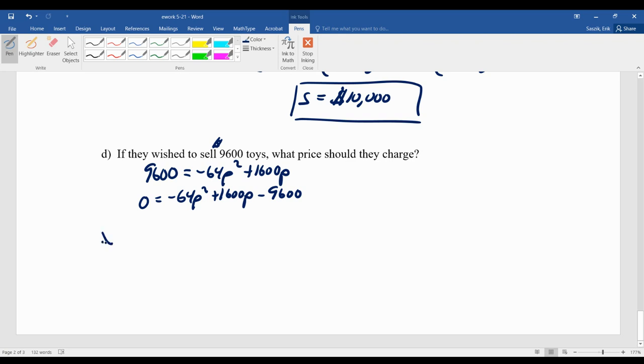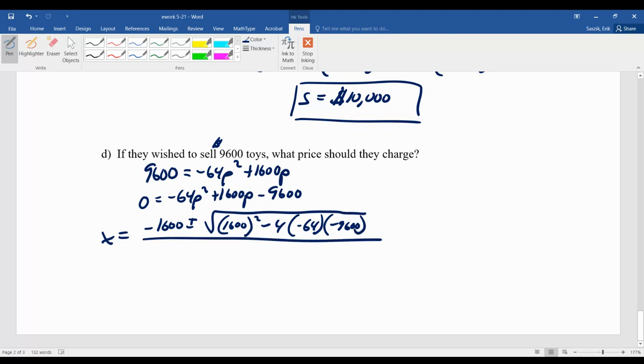So we would do x equals, I mean, we have big numbers here, I know, but opposite of b plus or minus the square root, this is why we have calculators, of b squared minus 4 times a times c, all over 2 times a.